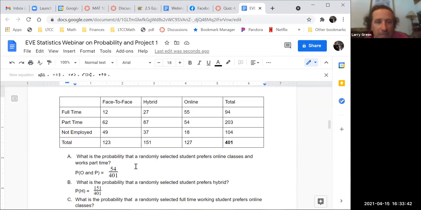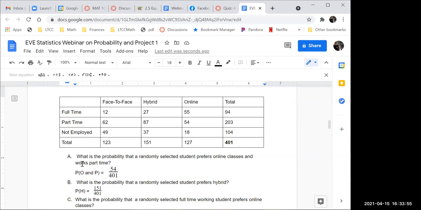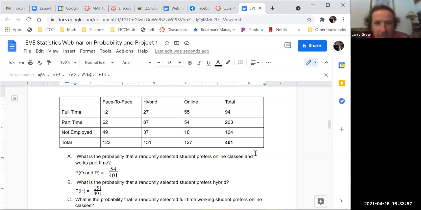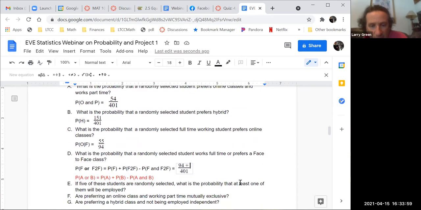What's the probability of being face-to-face? 123 over 401. Yeah, 123 over 401. So that's going to be 123. And notice by putting it up on top, it's still over 401. And then I go minus, and then the probability of F and F2F, full-time and face-to-face.